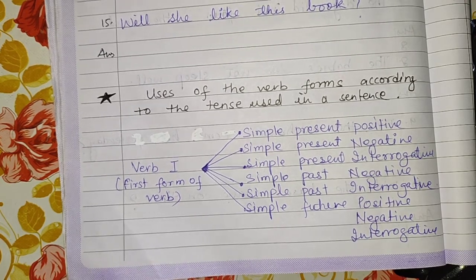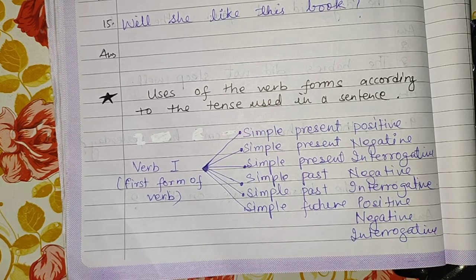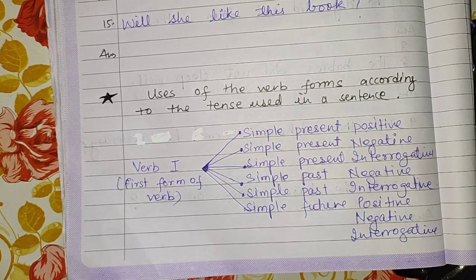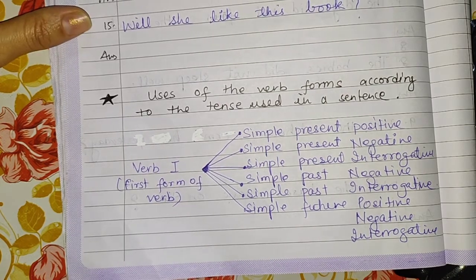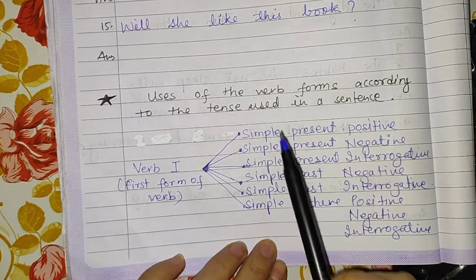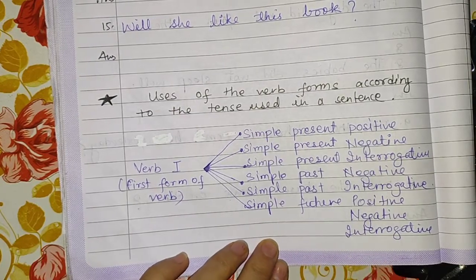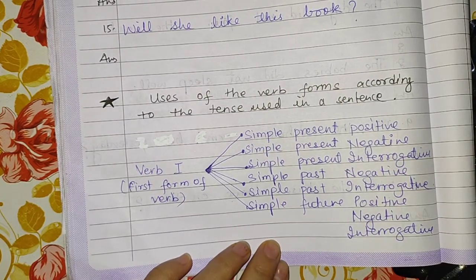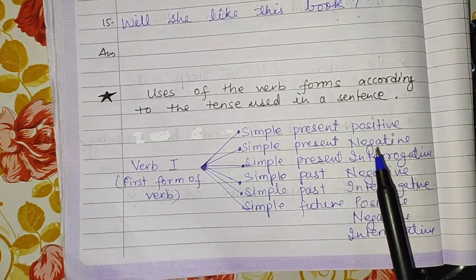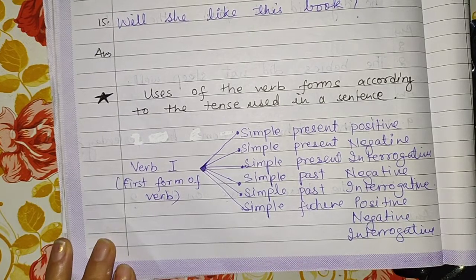The only thing to remember here is that when you are writing a sentence in simple present positive form, you will use the verb with s or without s according to the subject.